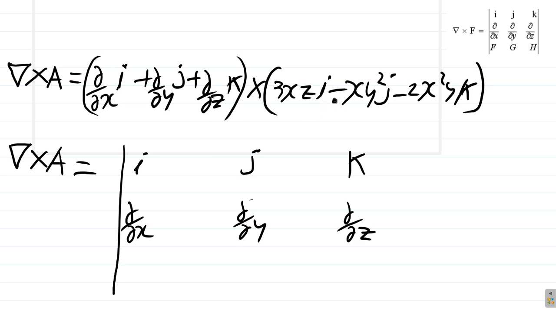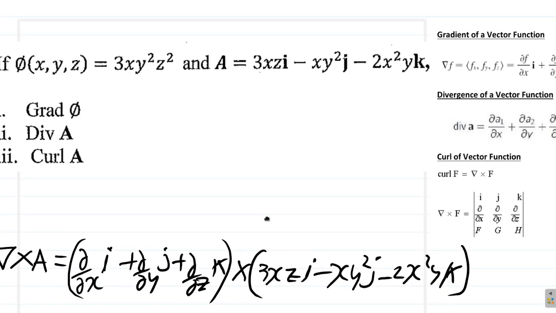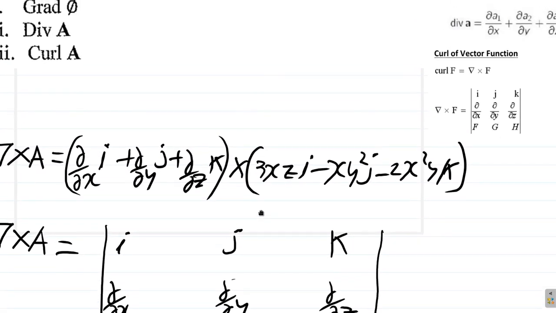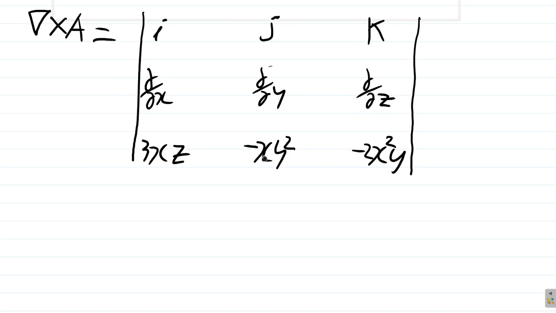Now you will have the coefficients of the vector on the right: 3xz, negative xy squared, negative 2x squared y. So just to check again, 3xz, negative xy squared, negative 2x squared y. Alright, so you're going to cross these.